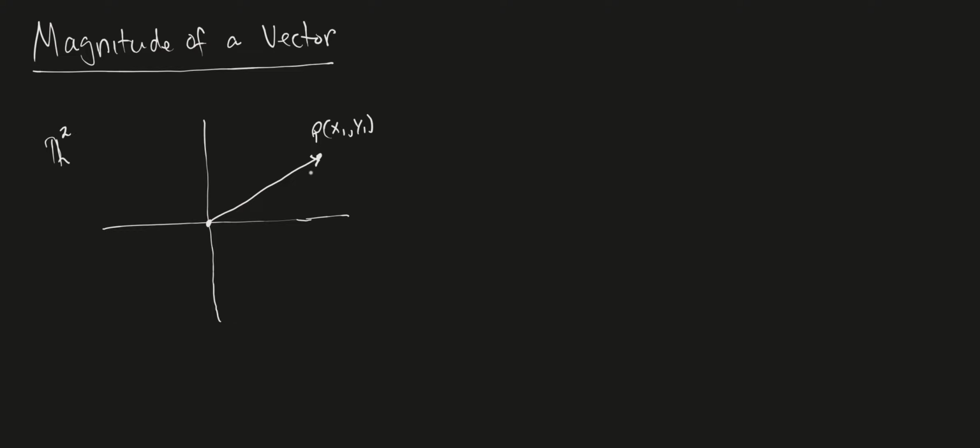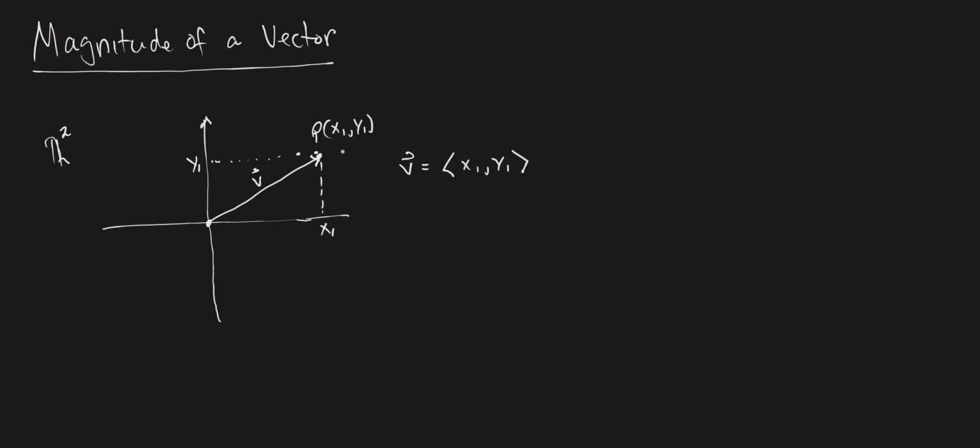So that means this is x1 and this is y1. We're going to call that vector v, and from previous work we know that v can be written in component form as x1 comma y1.